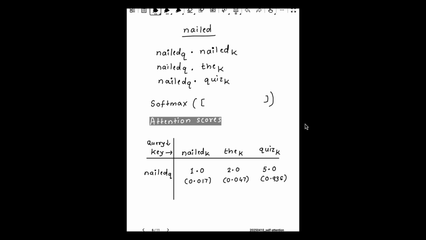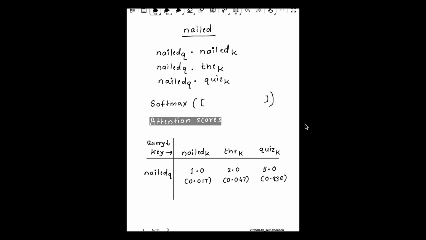Now we are ready to compute dot products to get meaningful similarities. How do we do that? Suppose we want to compute contextual representation of this token nailed. We take query representation of this token nailed and we take its dot product with key representations of all tokens in the sequence.